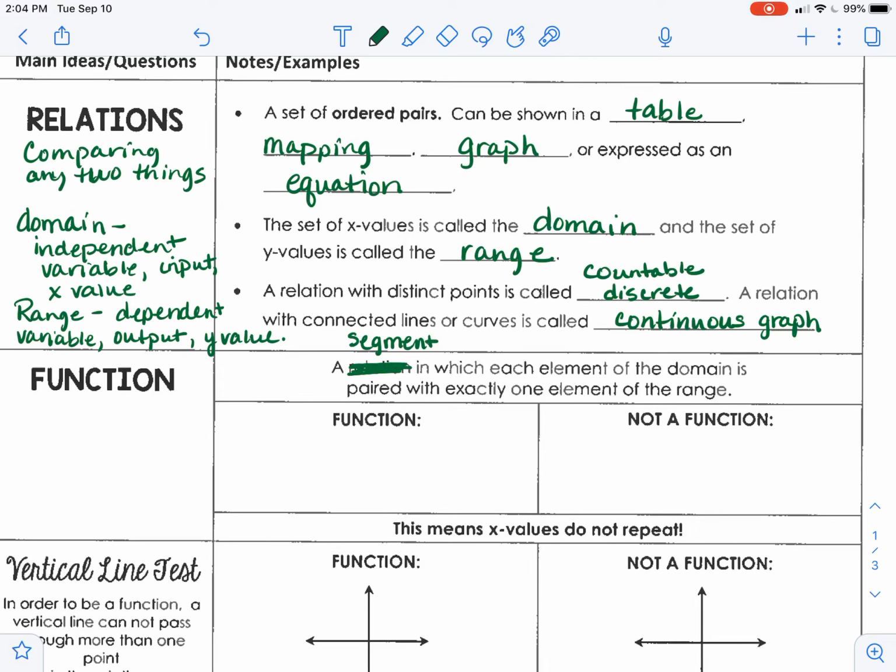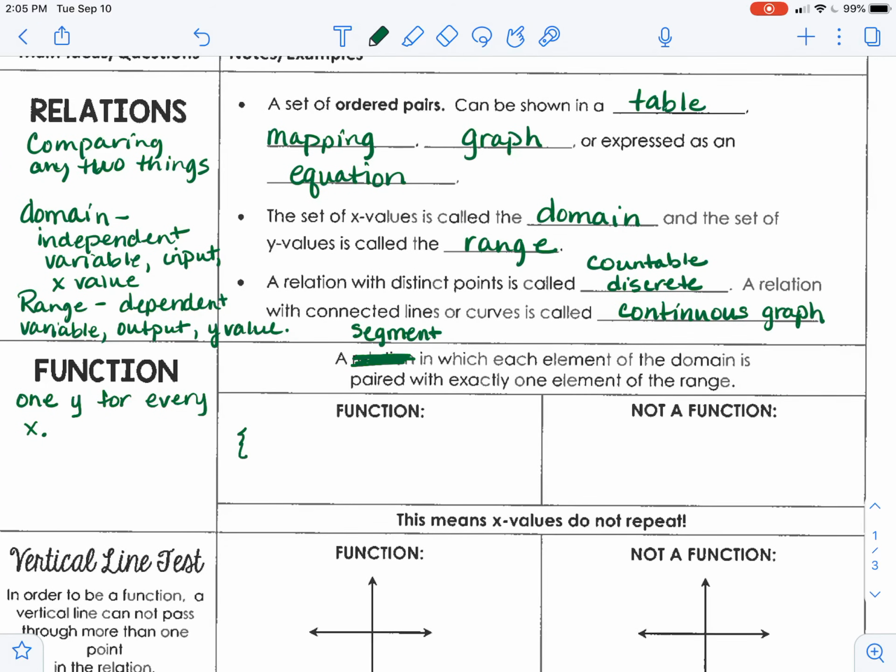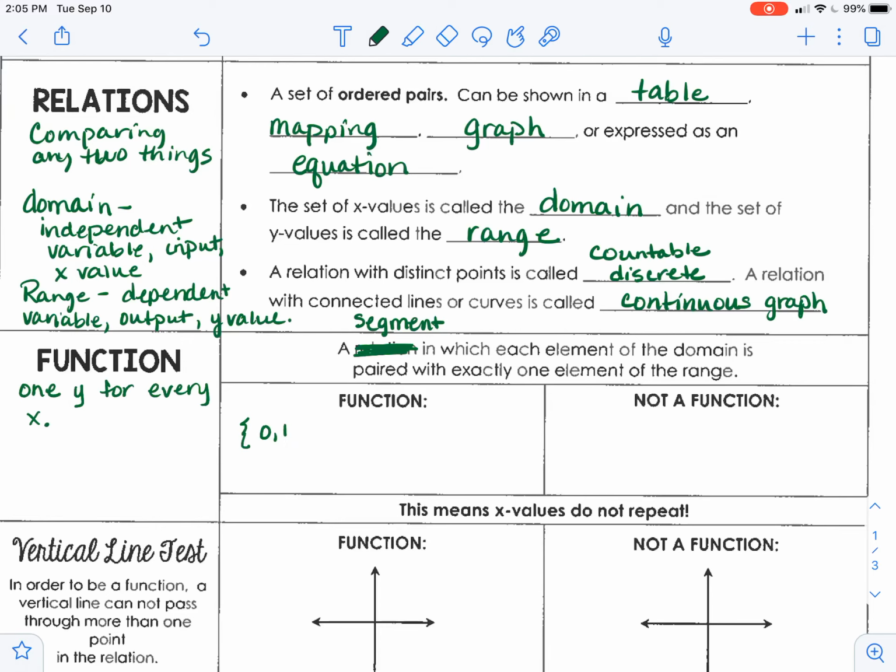So what we're saying here is you have one Y for every X. Your X is only going to go to one Y. An example of that would be if we had a set of points, something like (0, 1), (5, 2), (3, 4), just a set of points.